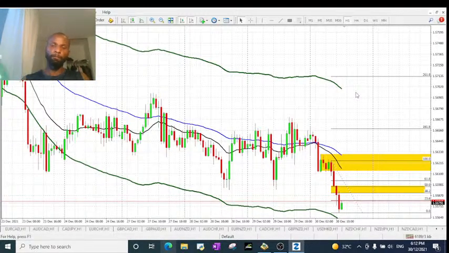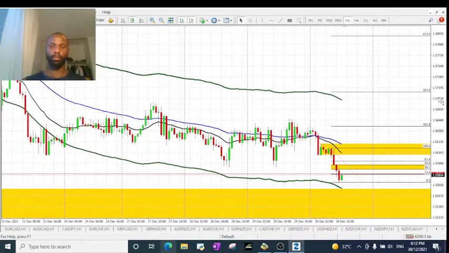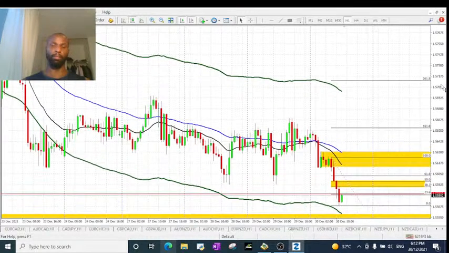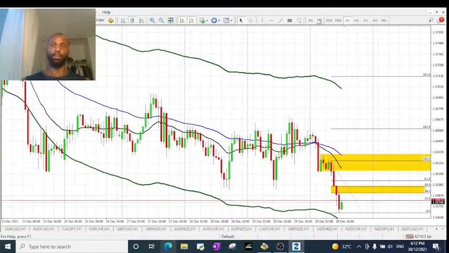We are close to long-term support, but we are not quite there yet, which is good. The yellow zone at the bottom is a long-term support zone.